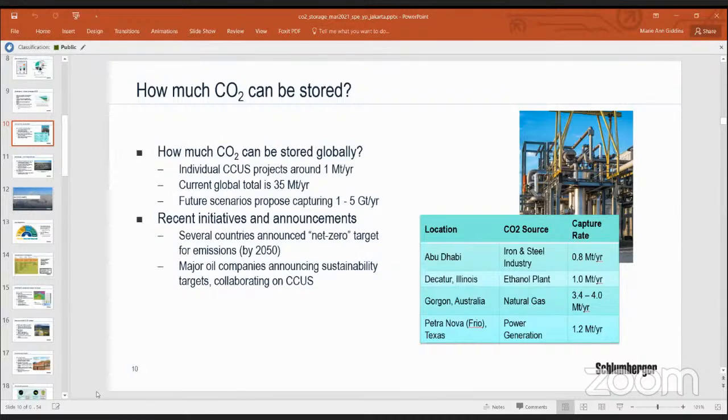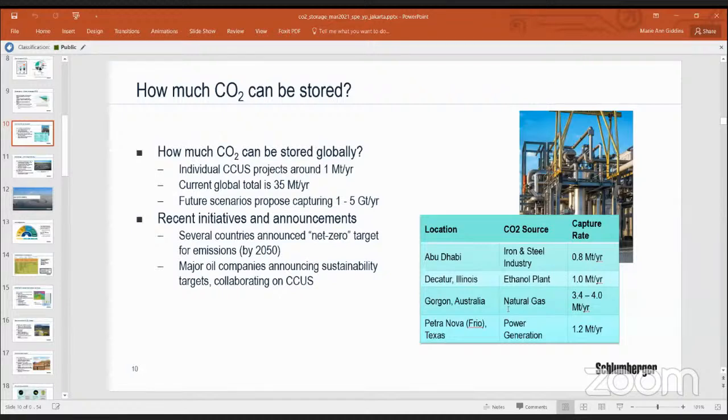Just to give another idea about the size of these projects, here are some current projects. In Abu Dhabi, CO2 is captured from the iron and steel industry at a rate of just under 1 megaton per year. In the US, in Decatur, they have an ethanol plant, and again the capture rate from that plant is around 1 megaton per year.